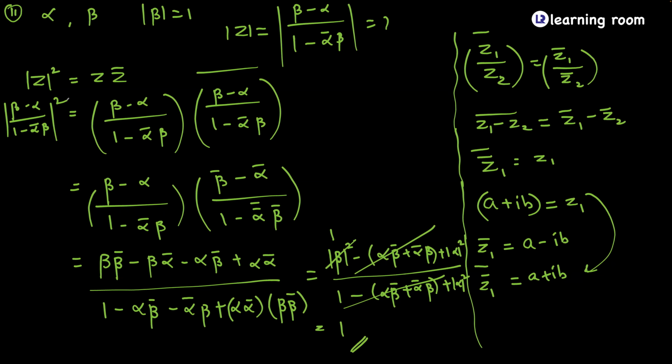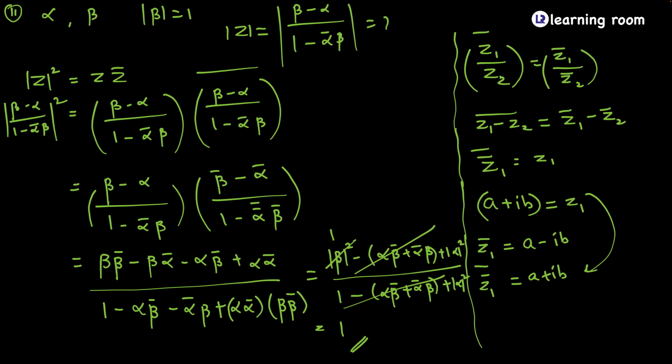Is the point clear? See, mod beta square I replace with 1.